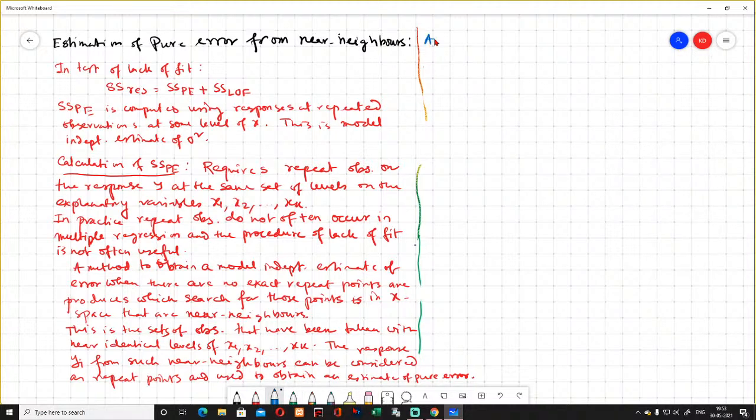As a measure, the measure of the distance between any 2 points x1, x2, ..., xk and xi dash 1, xi dash 2, ..., xi dash k.